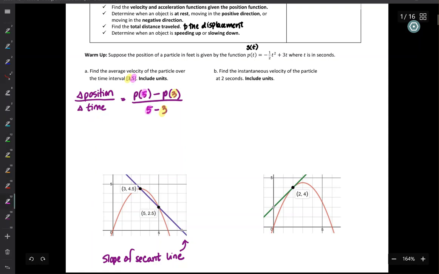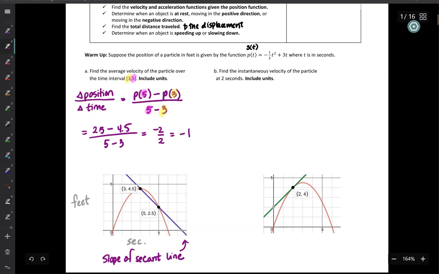Okay, and we can go ahead and plug into this function, but since I've given us the position function right here, and if you want, we could label these axes feet per second, let's just go ahead and pull those ordered pairs. So p of 5 is 2.5 minus p of 3 is 4.5 all over 5 minus 3. That gives me a minus 2 over 2, which is negative 1.